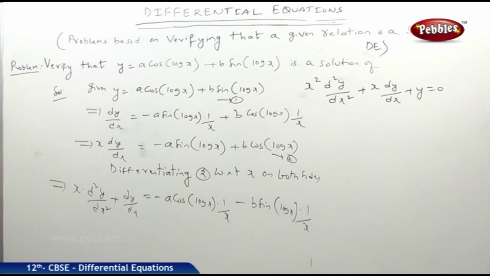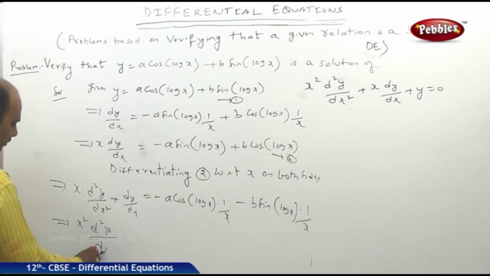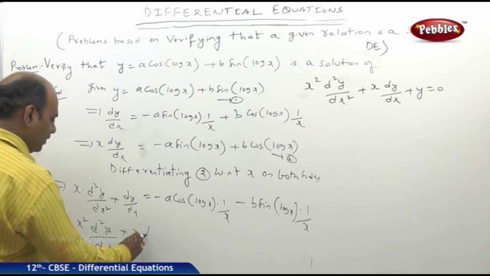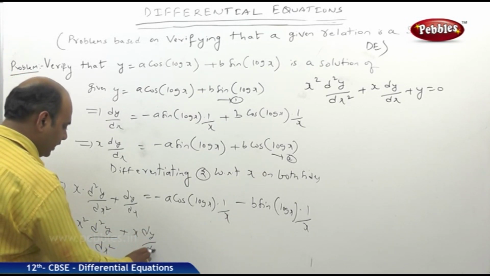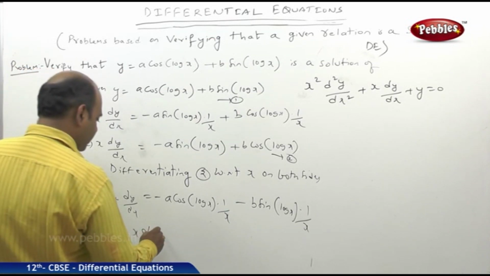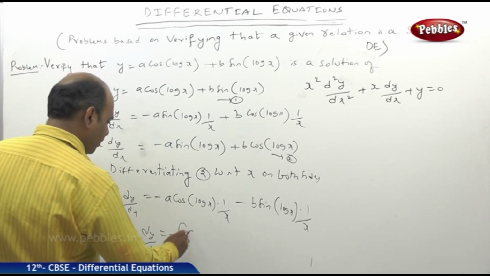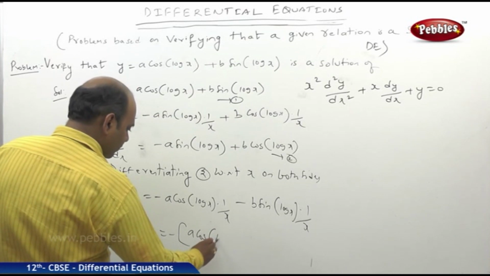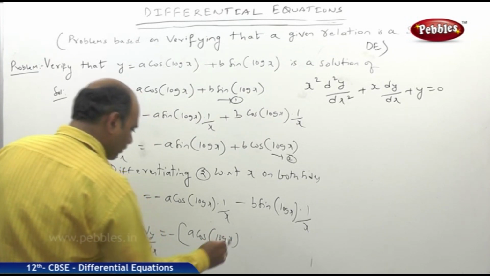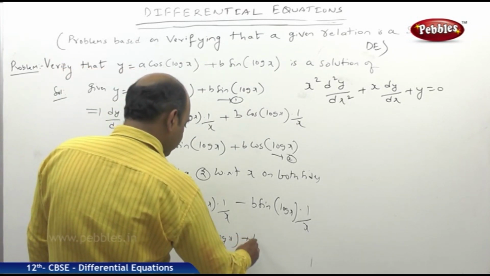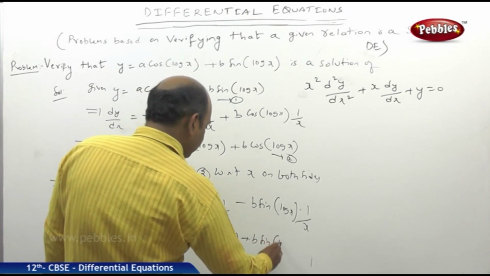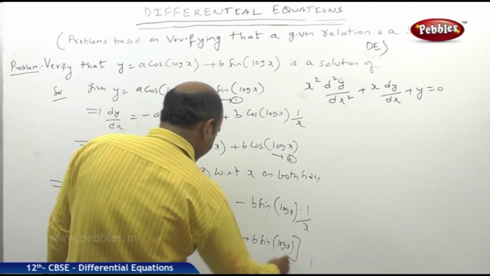As x is an LCM, I will send it to this side. So x square into d square y by dx square plus x into dy by dx is equal to minus of a into cos of log x plus b into sin of log x.